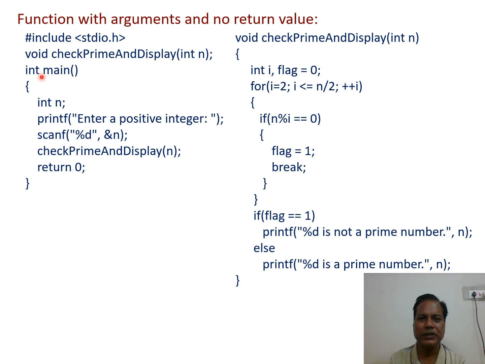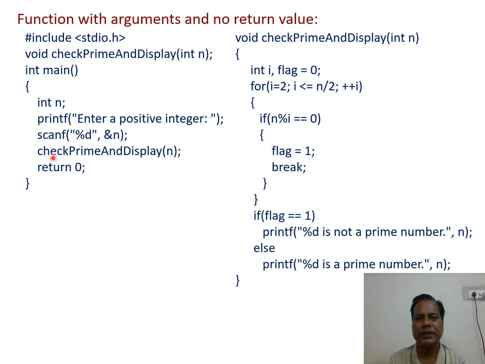Next is the main function. Inside the body of the main function, int n; this statement declares the integer variable n. Then the printf statement prints "Enter a positive integer:" on the output screen, whereby the user enters a number that is taken in and stored in the variable n by the scanf function.